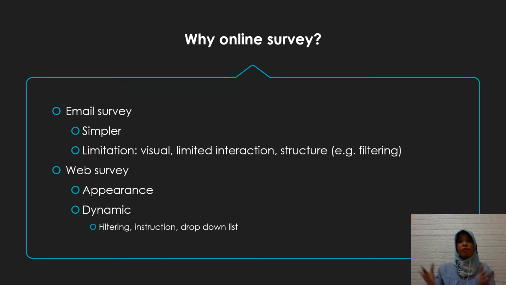We can use a drop down list or any other type of options, like multiple choices, or they can select more than one choice, and etc. So there are so many features that we can use with web surveys.